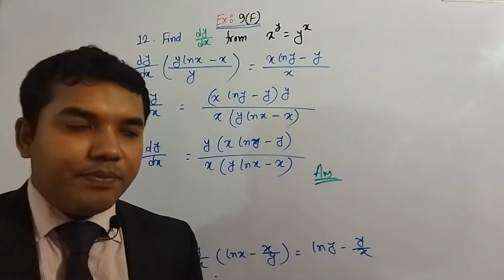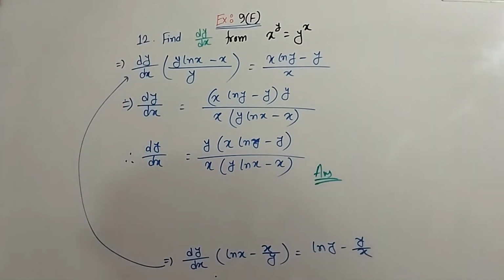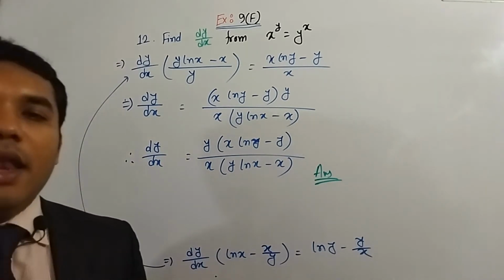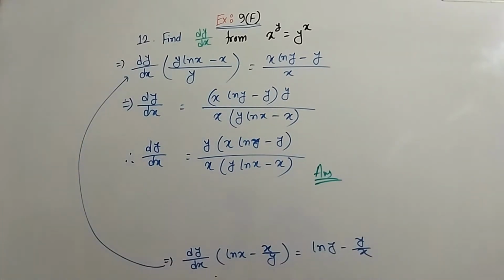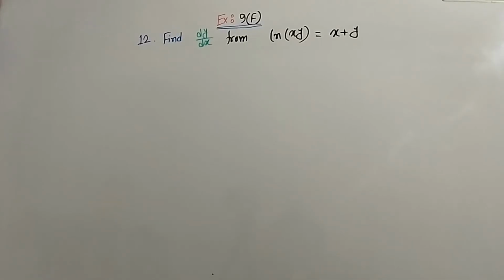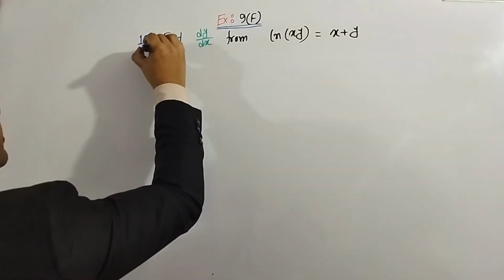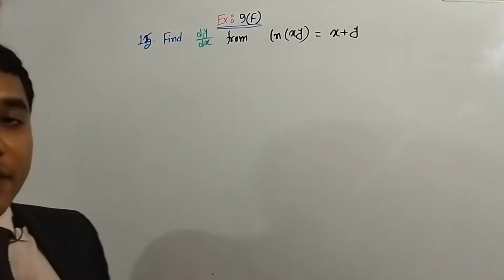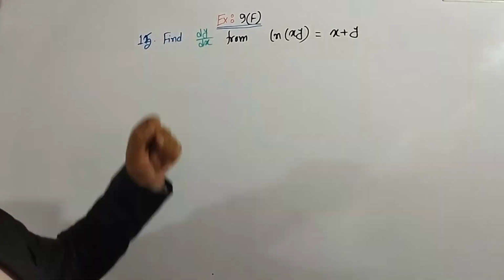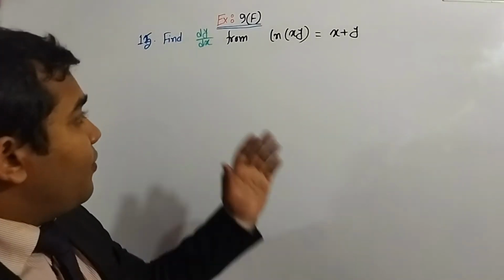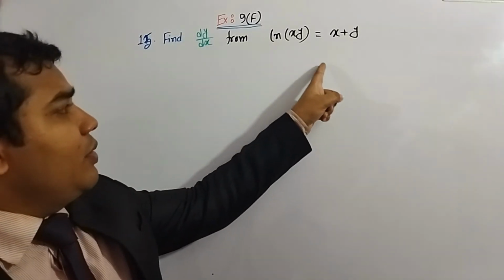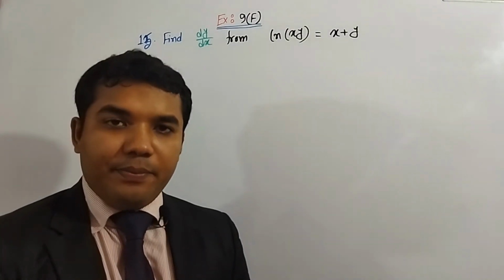So clear? Okay, let's have a look at our next and last math for this lecture. Our final question, number 15, says find dy/dx from the given equation ln xy equals x plus y.